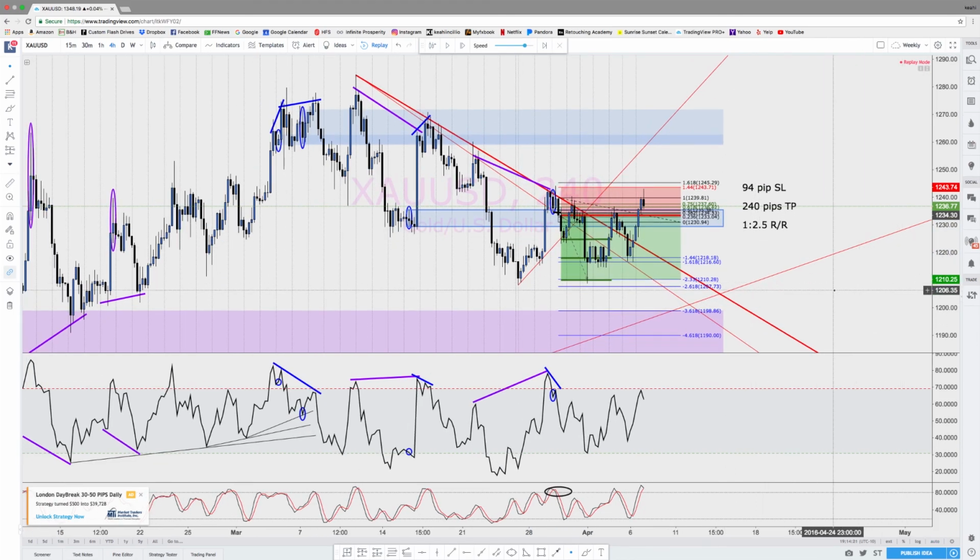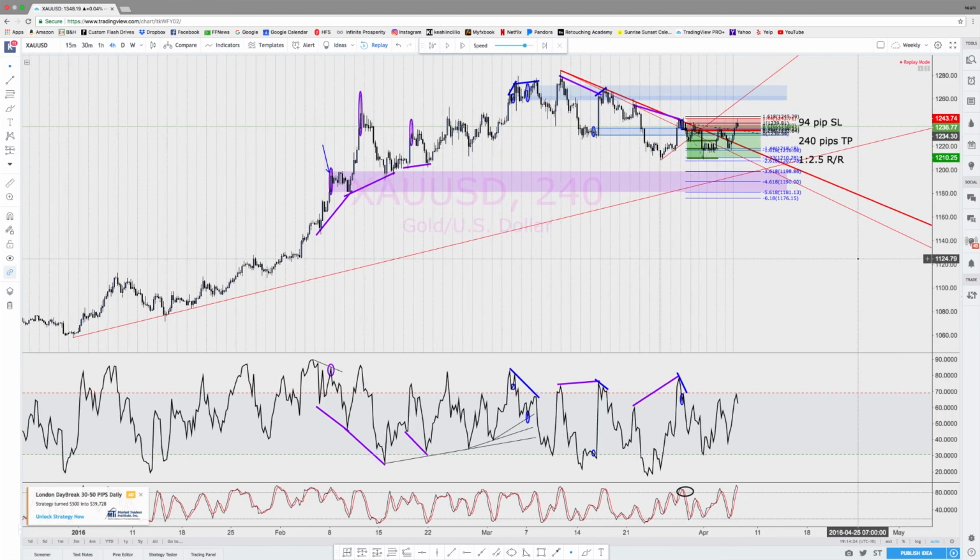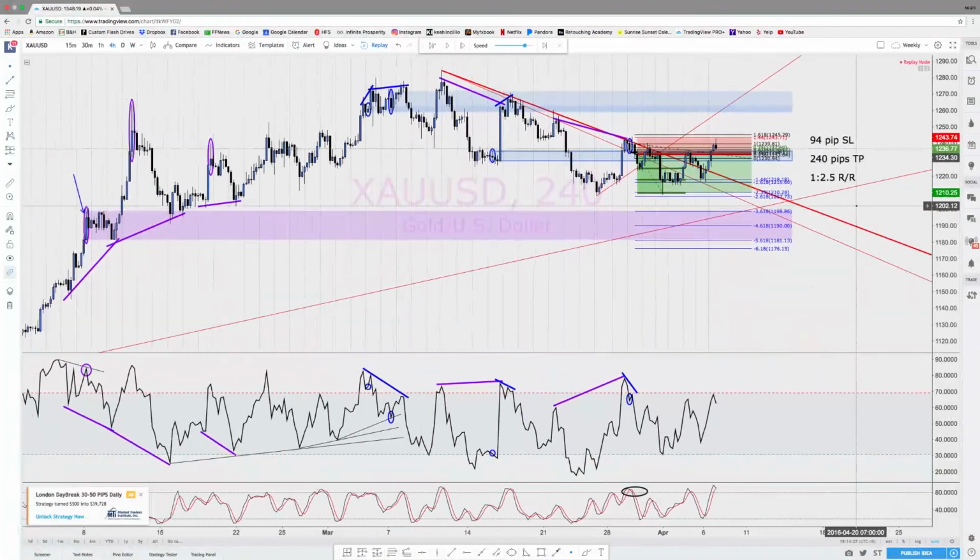And that is a trade. That is one trade broken down.